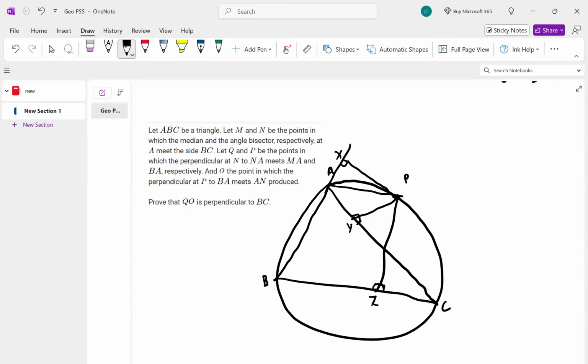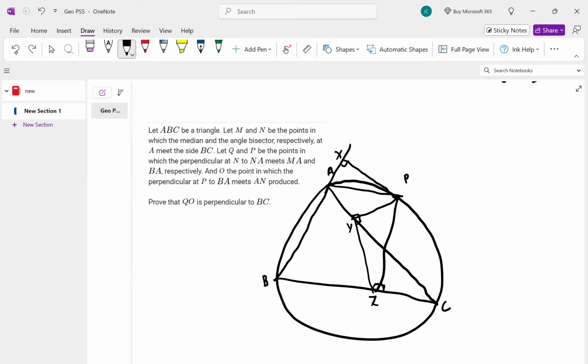Wait, could you repeat that? What did you start with? So we're using directed angles first of all. We have PYZ equals PCZ. How is PYZ equal to PCZ? This is because of 90 degrees, directed angles.